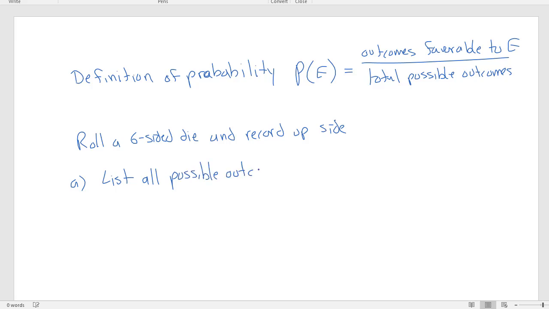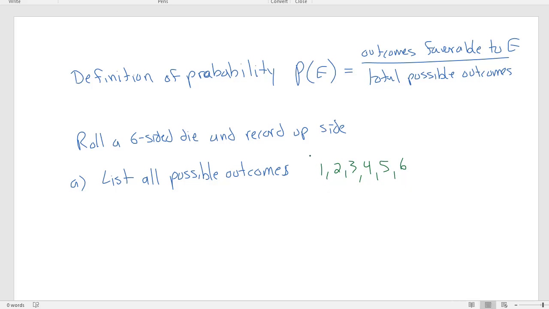If we're rolling a six-sided die, we're assuming that the die is fairly weighted. No one particular side is going to occur more frequently. So what are the possible outcomes that we could observe here? I could roll a 1, a 2, a 3, a 4, a 5, or a 6. These are all possible outcomes for this probability experiment.